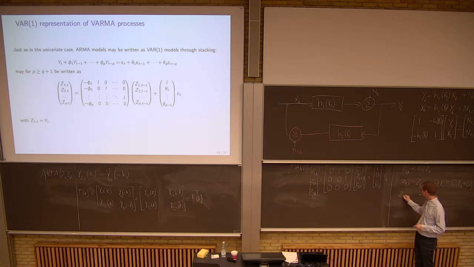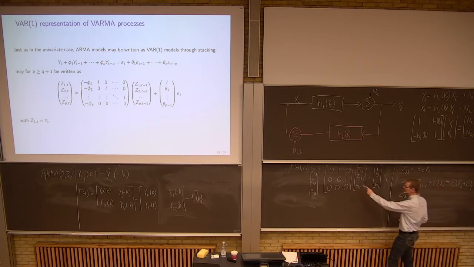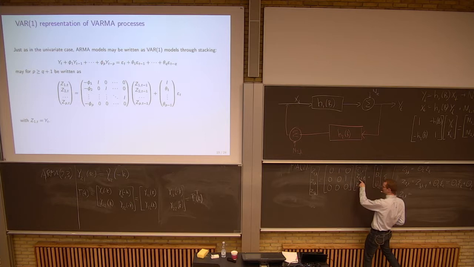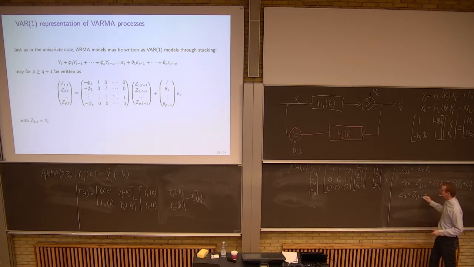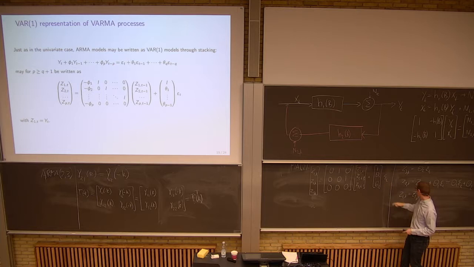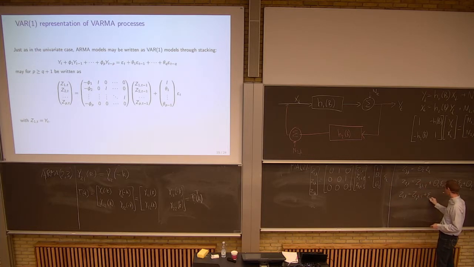And then I have to go back. What is remaining is zeta 1, comma t. Well, zeta 1, comma t is the previous zeta 2, comma t minus 1 plus just epsilon t. And now again I will swap the order of elements just to get the same order we usually have.